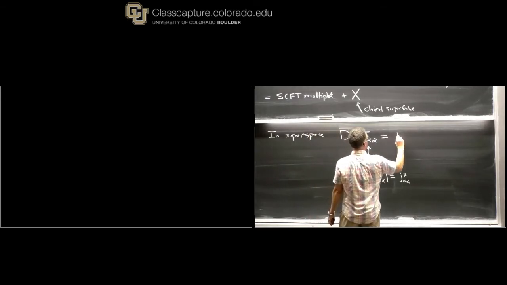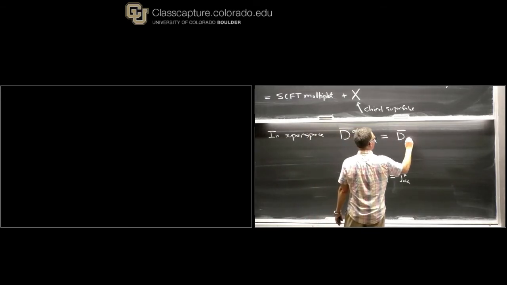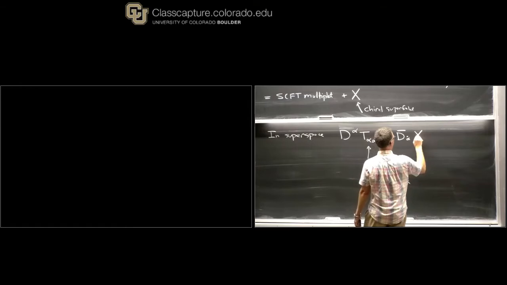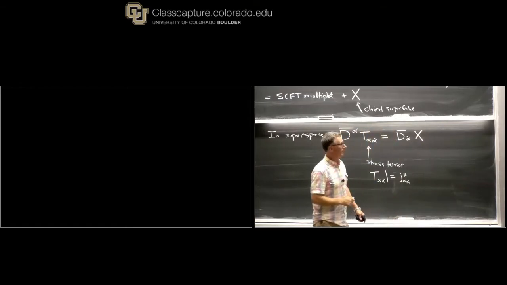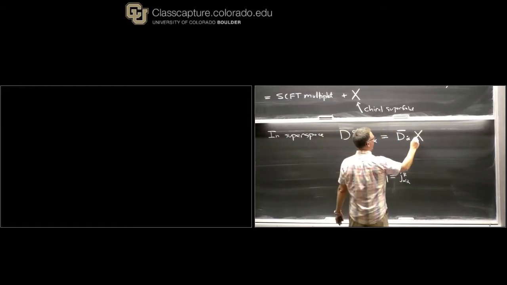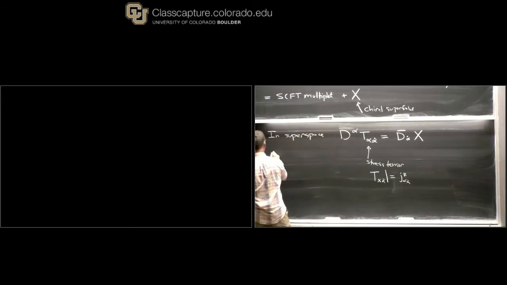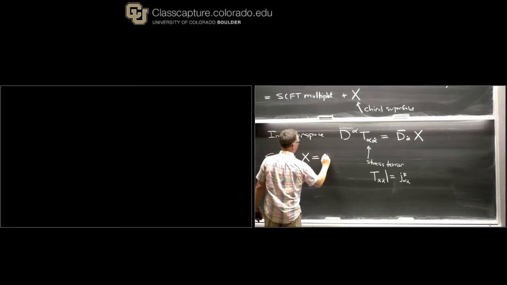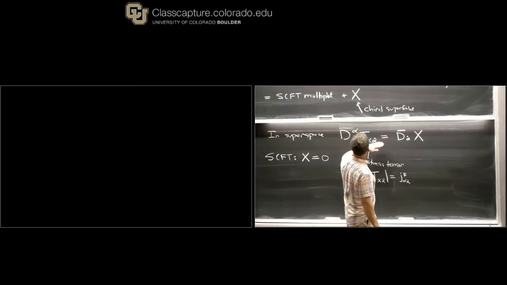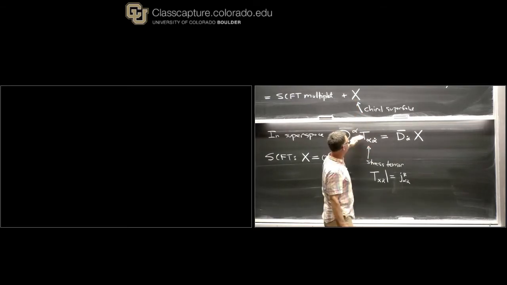And this is equal to d bar alpha dot of this X. And so what we see is that in a superconformal field theory, this X would be 0, and then we would get this condition that there's a level 1 null state. So the condition that this thing is 0 is that there's a level 1 null state.